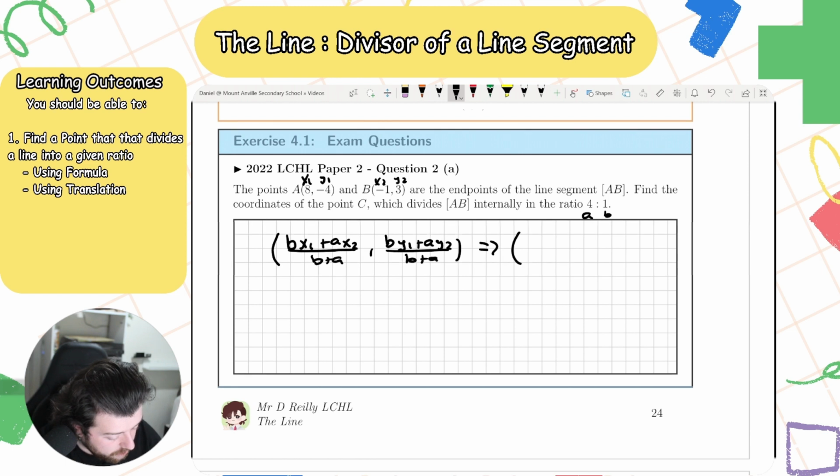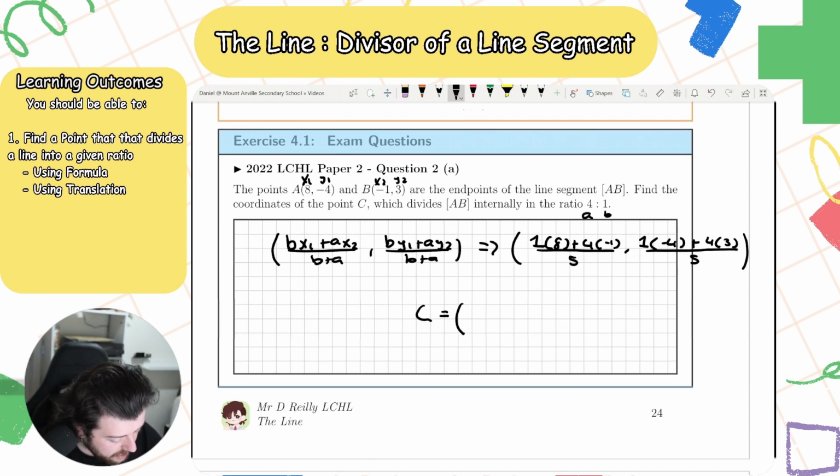So my x coordinate is going to be 1 times 8 plus 4 times minus 1, all over a plus b, which is 5. And my y coordinate is going to be 1 times minus 4 plus 4 times 3, all over 5. Sorry, hope you can see it there.